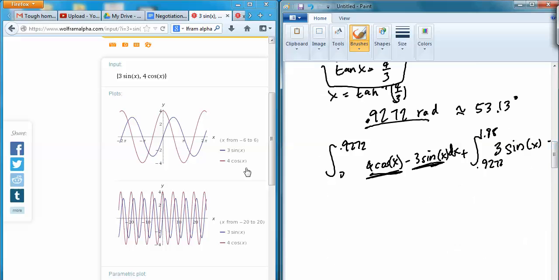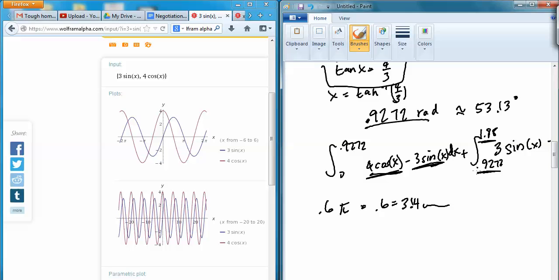I mean, it literally is on top when it's in the graph, but I would have 4 cosine minus 3 sine x. And then from my intersection point to my endpoint, which is 0.6 of pi, which is 0.6 times 3.14, and so on. That's pretty much equal to 1.88.